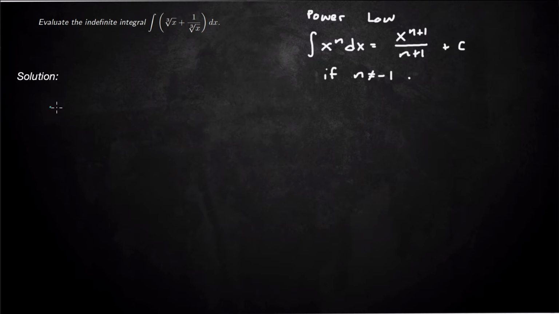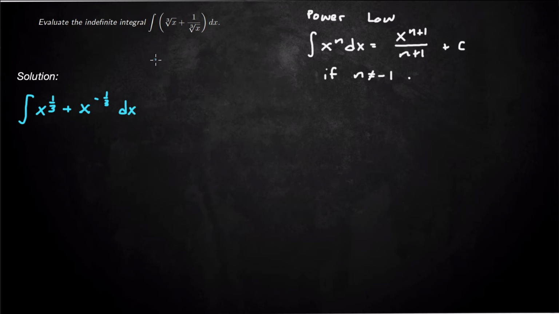So what we're going to do is take our integral and rewrite it in terms of rational exponents. So this is going to be the integral of x to the 1/3 plus x to the negative 1/3 dx. Right?